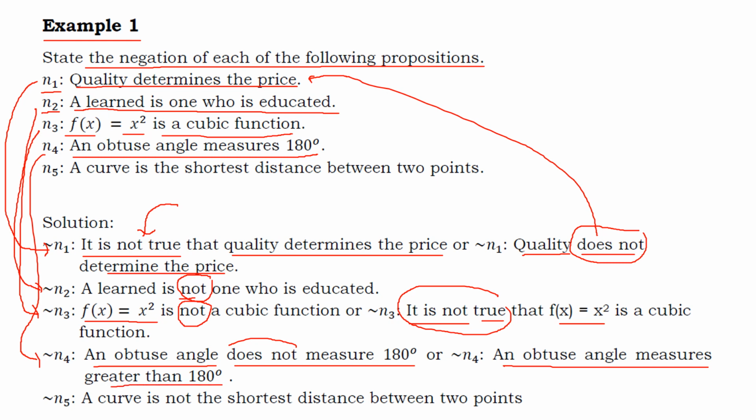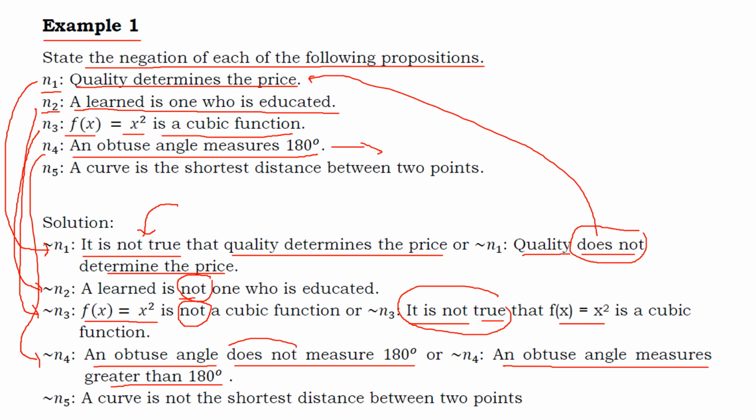So even if we don't put not or it's not true, we can still convert this original proposition to a negation by converting the meaning of the original proposition to another statement that has a meaning opposing the original proposition.